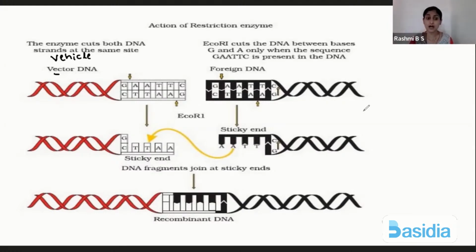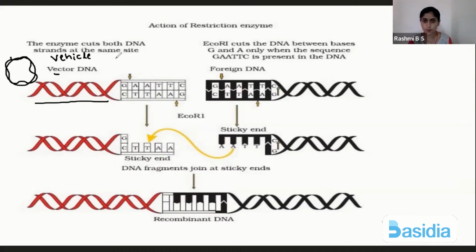The same way, now imagine this is a vector DNA. For example, the vector I had taken in the last session was a plasmid, a double-stranded circular DNA. Now, just assume this is one end of the plasmid, meaning vector DNA.